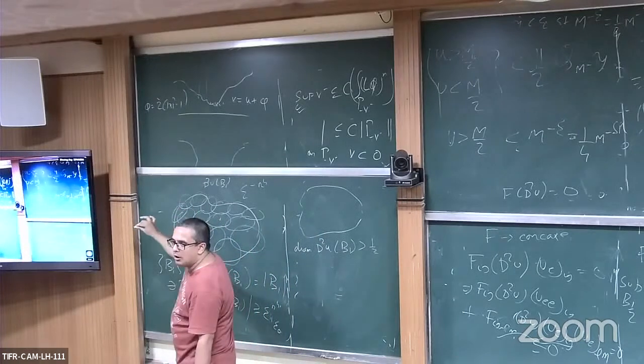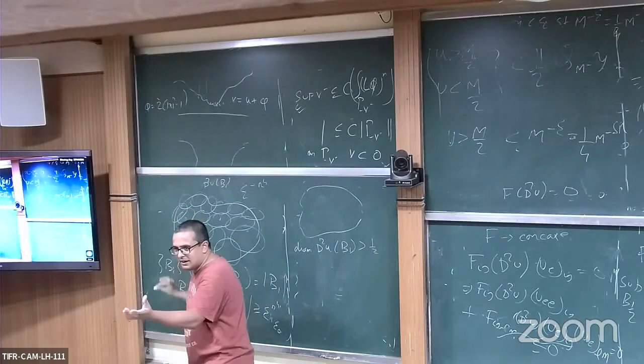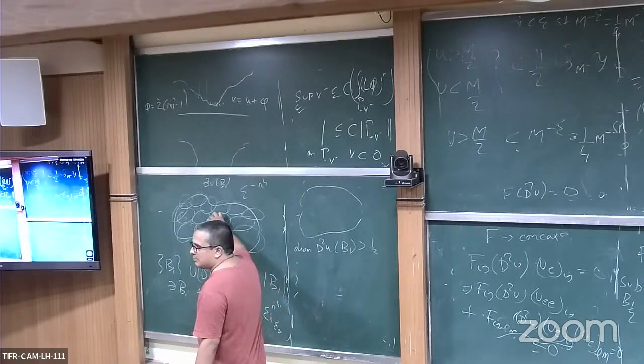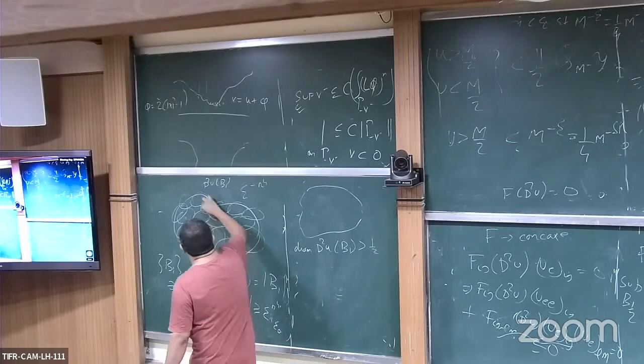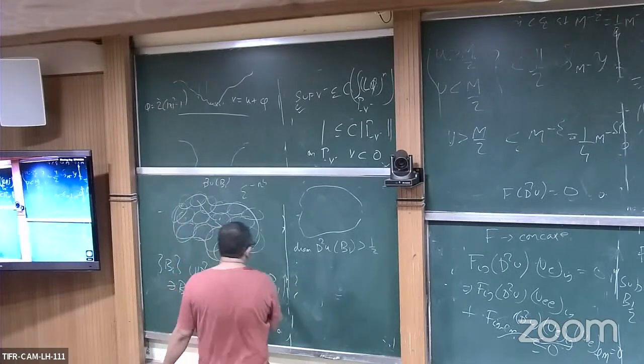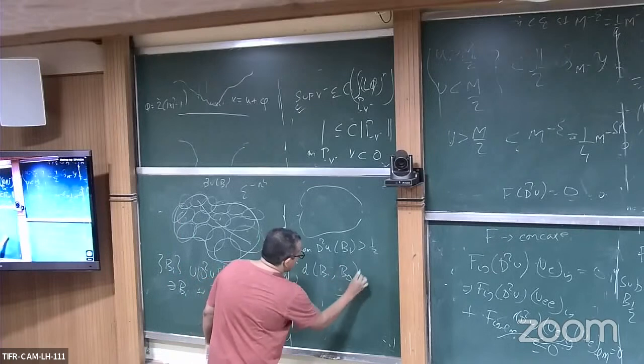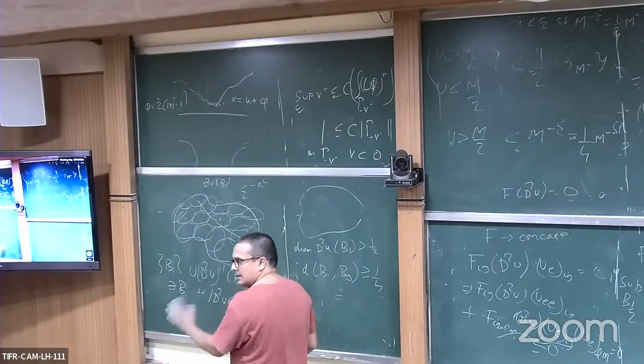I can get rid of one ball. I will do that covering later. But first, what I want to say is that because this B i is very small, there is some ball here or here such that the distance of this B i from some B j is bigger than 1 by 4.